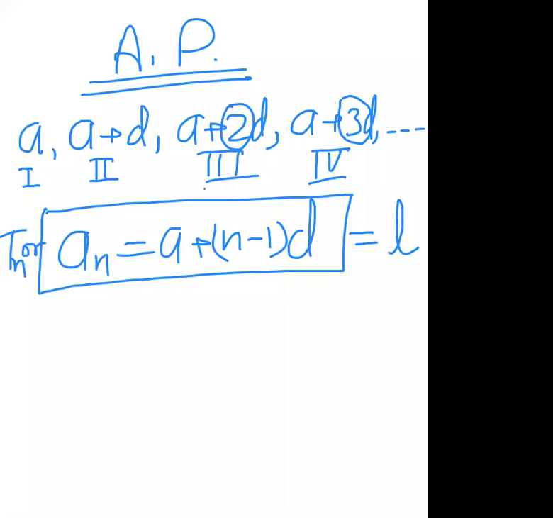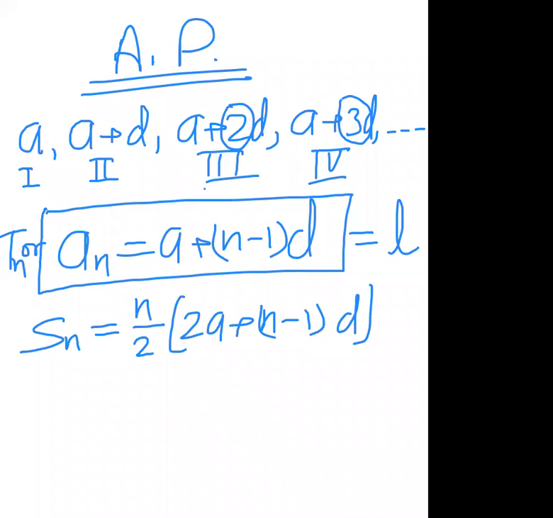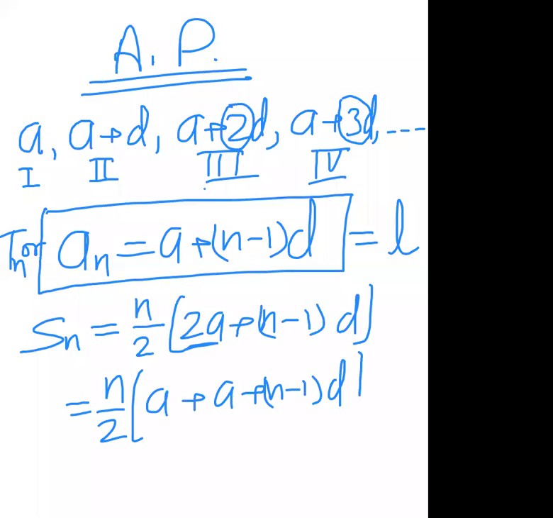Now the next thing comes S_n, the sum of n terms. The sum of n terms is, again we know it very well, n by 2 into 2a plus n minus 1 into the difference d. I could also write it as n by 2 into a plus, writing 2a as a plus a, so a plus n minus 1 into the difference d.